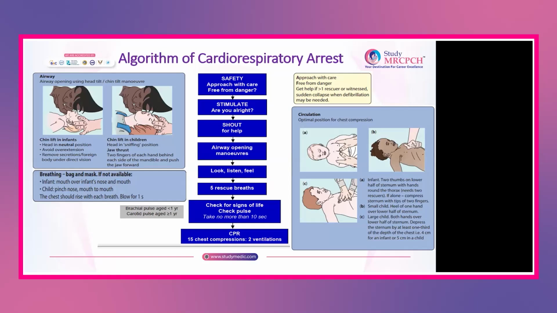We open the airway to check: listen, feel, and look. Through what maneuver? We have two maneuvers: either head tilt chin lift or jaw thrust. In both, we open and maintain the airway to give 5 rescue breaths through an Ambu bag or bag-and-mask ventilation. But if we don't have it, can we not do this?